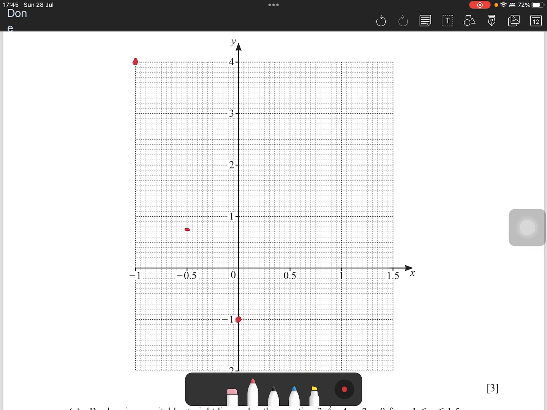Next point, 0.5, negative 1.25, this point. The next point, 1, 0, it's here. Finally, 1.5, 2.75. Here it is. And now we'll join all of these points together. It's a parabola.